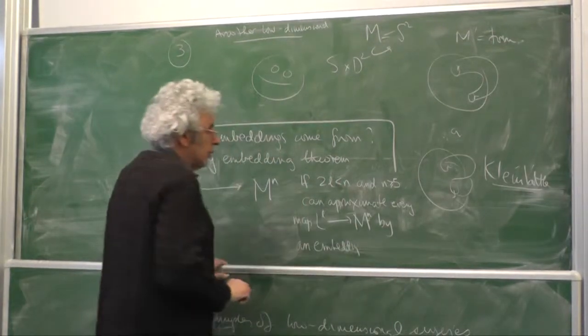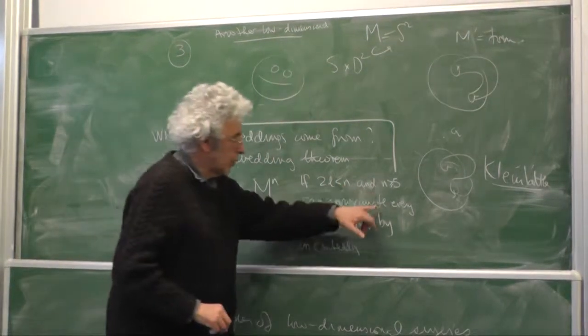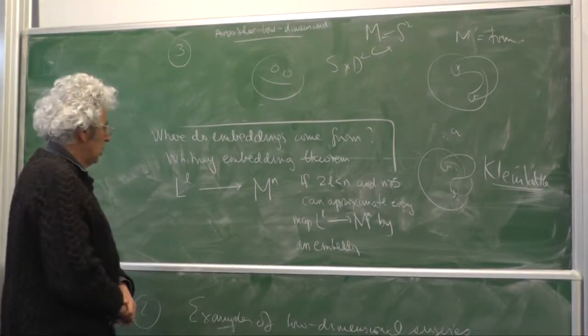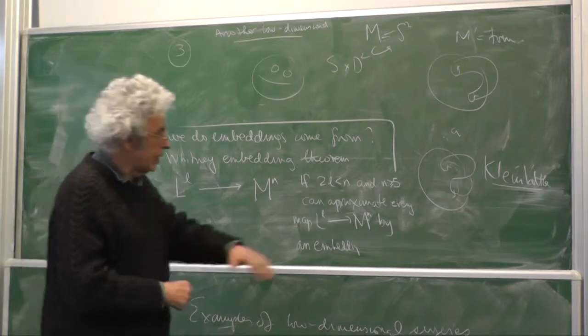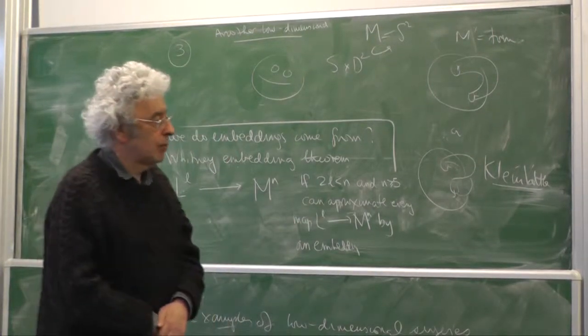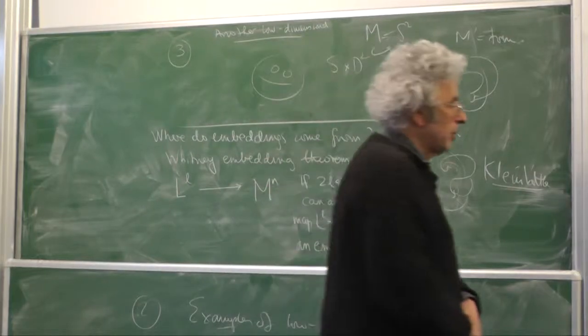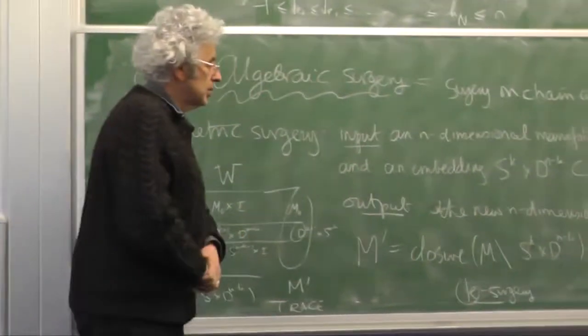And if I had 2L equals N, I could have an immersion. Okay, so that's one good thing. There are lots of embeddings, at least below the middle dimension.